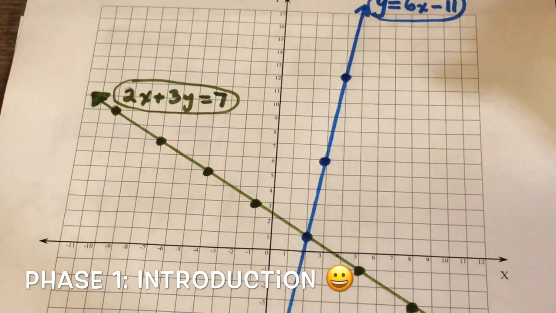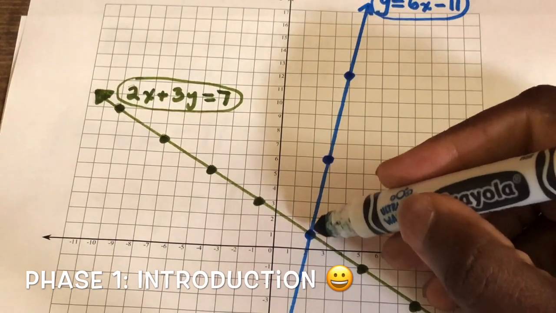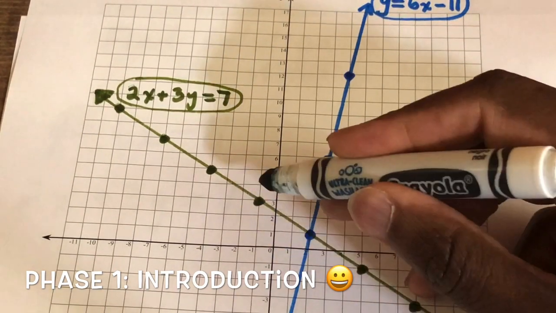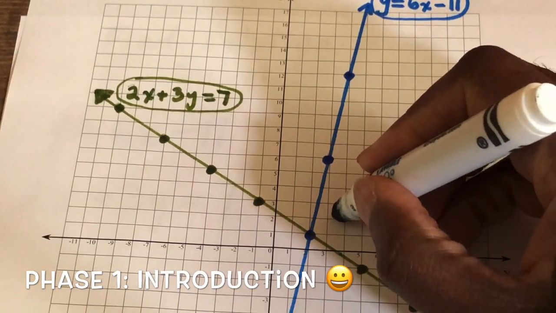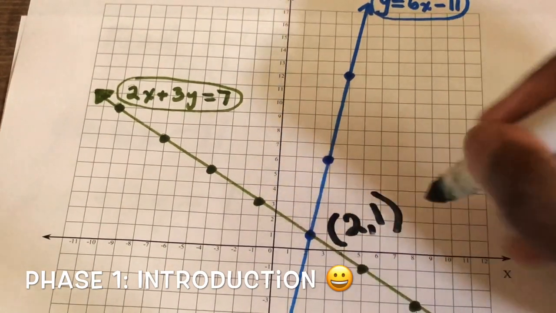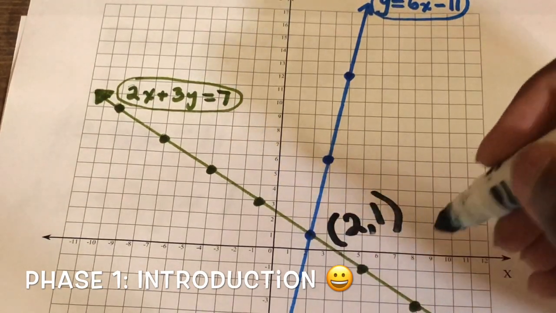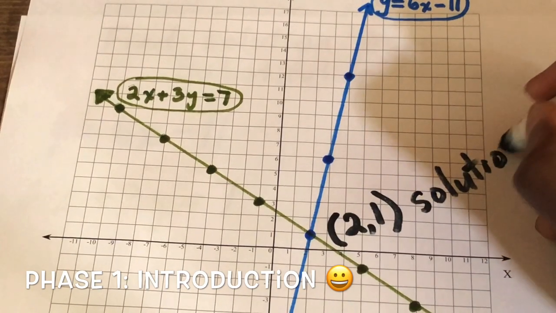If you take a look, the lines are going to intersect at this point right over here. That's the part that we're looking for right now. Where is it that these two lines are going to intersect? And they intersect at this point. The coordinate for that point is (2, 1). Because it intersects at (2, 1), now we found our solution.